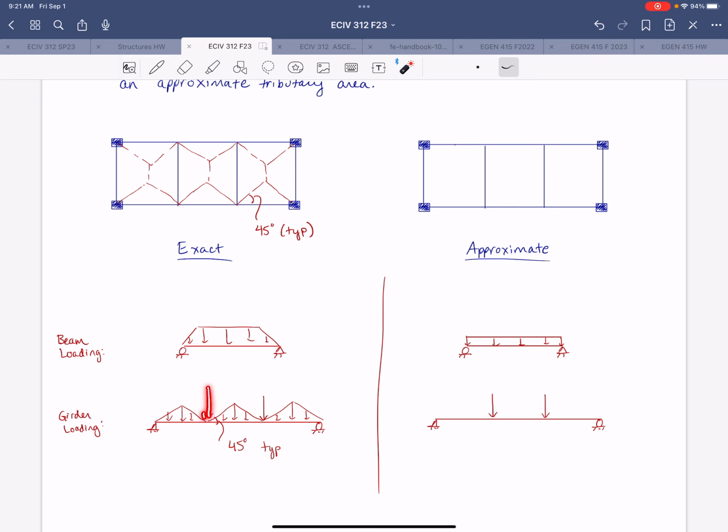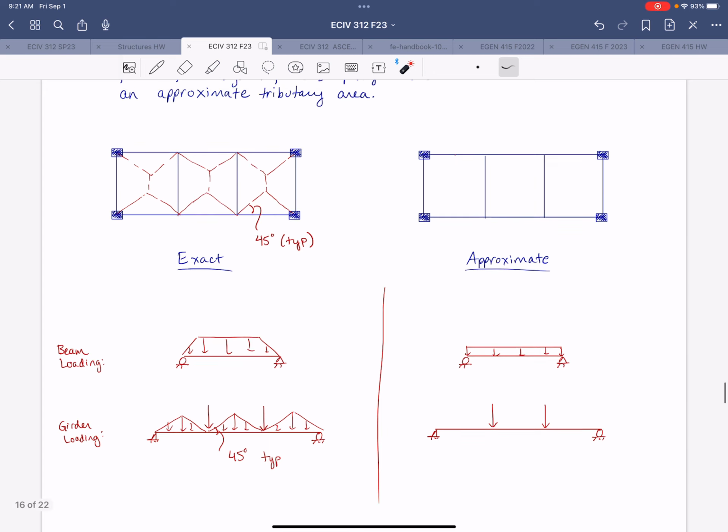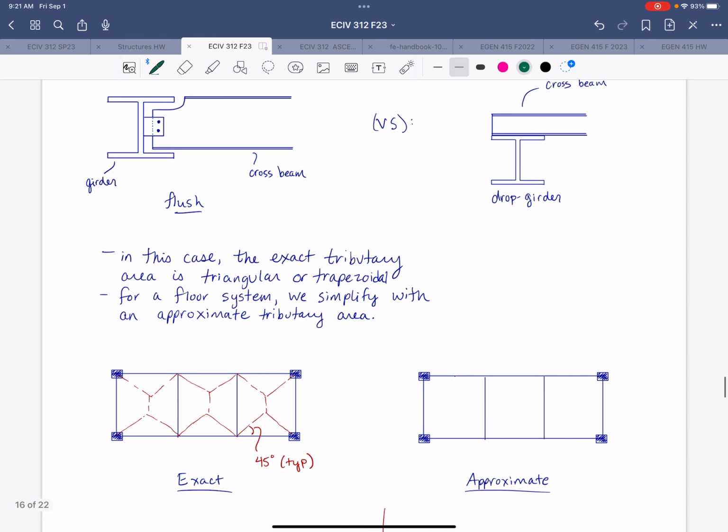You've got point loads where the beams are framing into it at those locations, and then the distributed loads that follow the pattern of the tributary area designation. And the beam loading would be trapezoidal. So of course, that's a lot more complicated to analyze than what we get out of the simplified or approximate tributary area, which is why even when we have this scenario, we would use the approximate tributary area instead, okay?